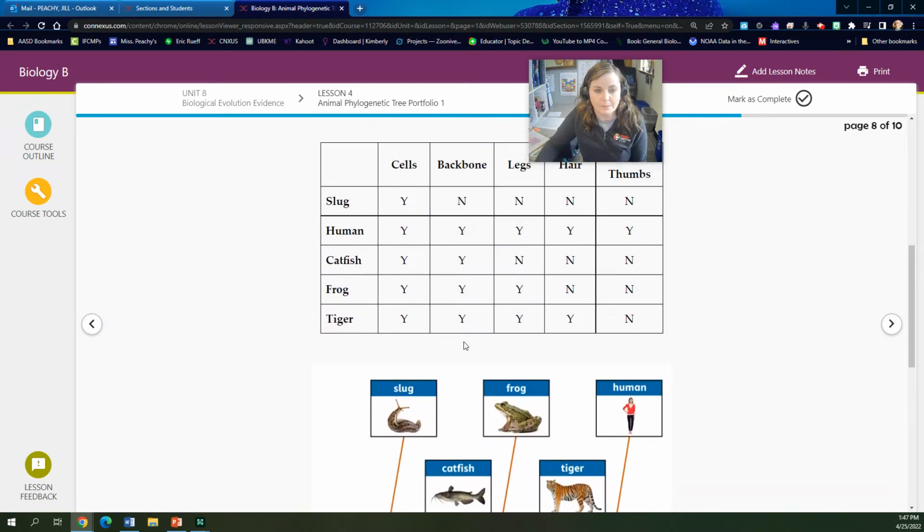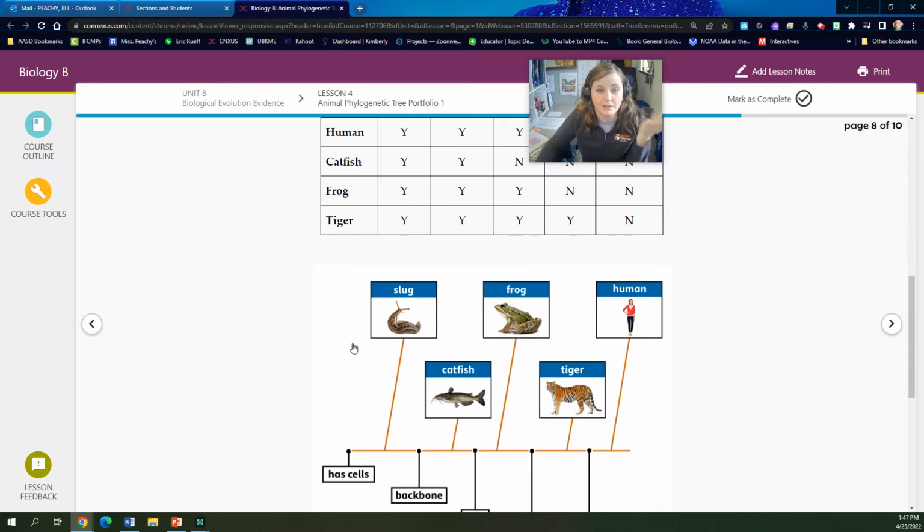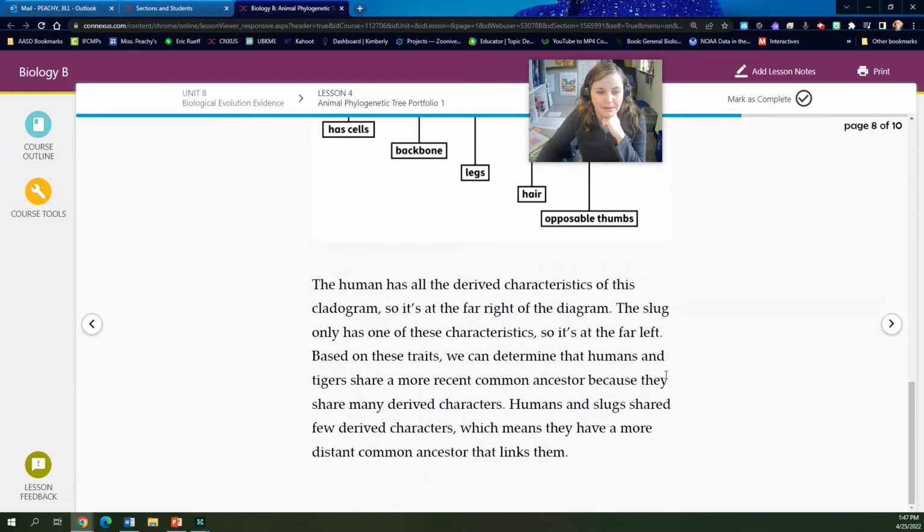In fact, the two big pieces you're going to be creating, the actual products that you're making here, will be a table like this and a picture like this. And then you'll have questions to answer. So I hope it's seeming to be not quite so confusing right now.